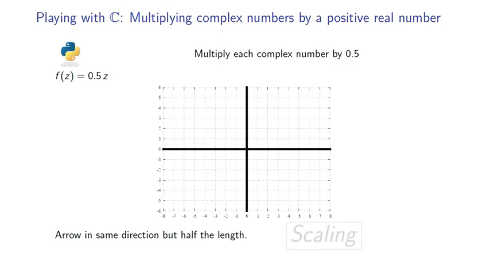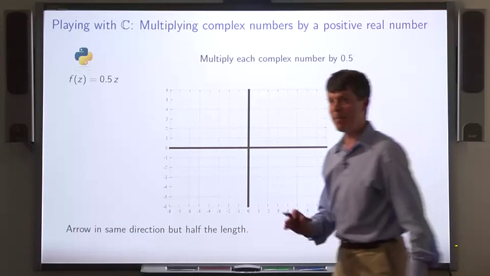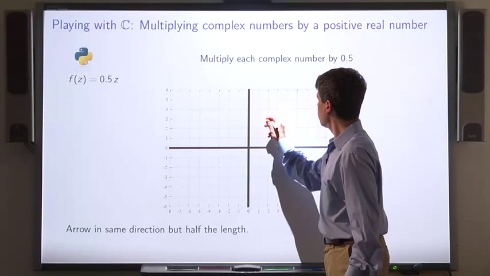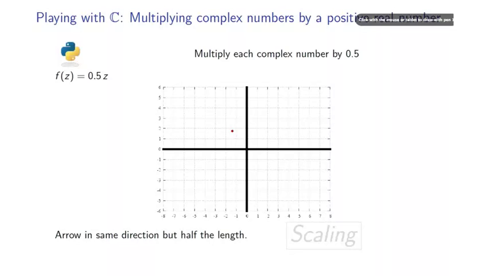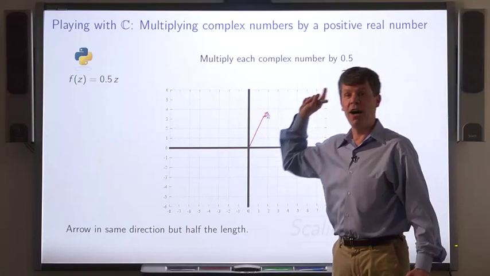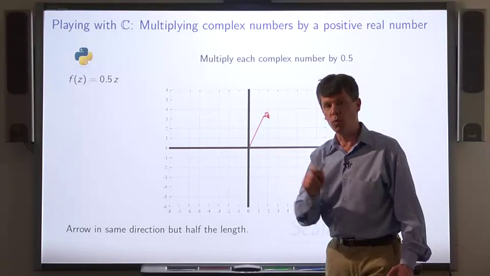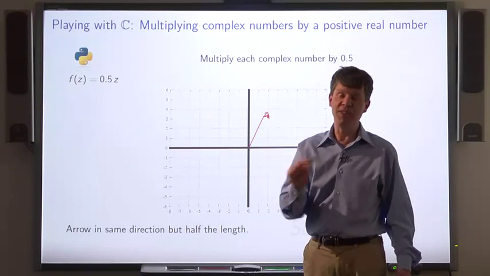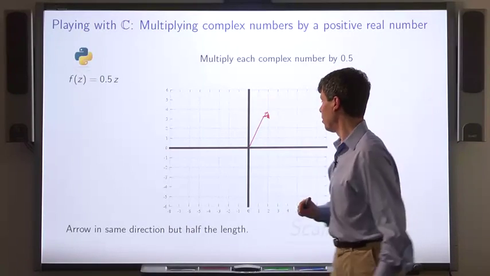Let's say we start with the complex number 2 plus 4i. We represent that by an arrow that moves 2 units to the right and 1, 2, 3, 4 units up. So this arrow. When we multiply the complex number by 0.5, what we're doing is multiplying the real part by 0.5, halving the real part, and halving the imaginary part.